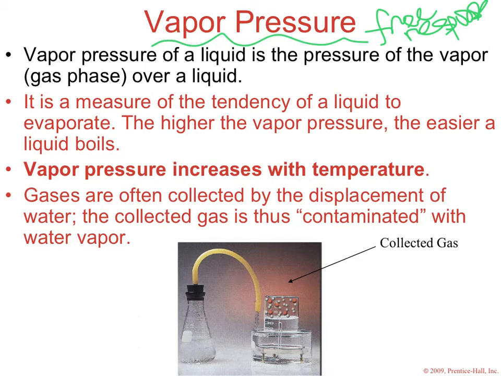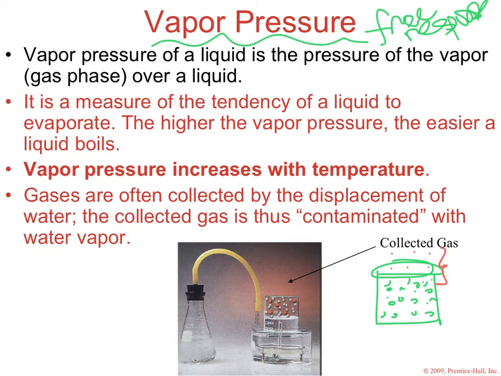Vapor pressure refers to the pressure exerted by gas molecules that float around above a liquid surface. So here's a container with a bunch of liquid molecules in it, and even though it's a liquid, there will be, over any liquid, a few gas molecules that kind of hover over the surface of the liquid.